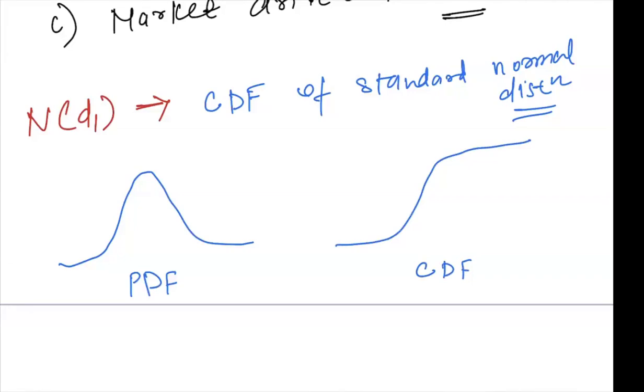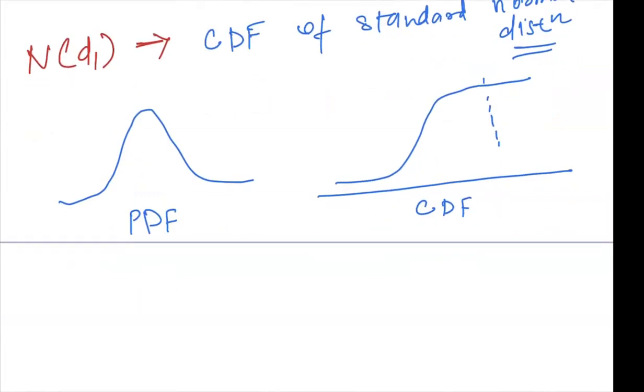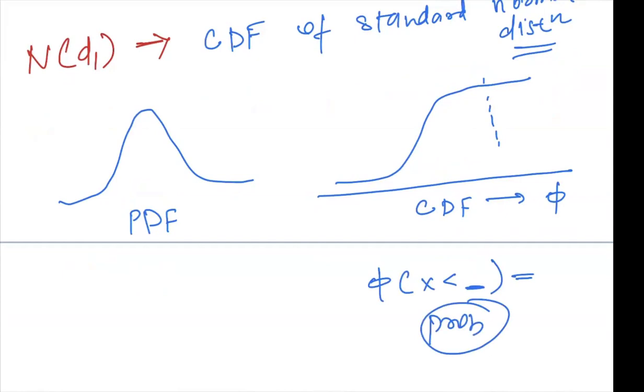So what you are essentially doing is, let's say at this point, the CDF is given by this. When you write something here, what you're essentially trying to do is find a probability. Just to make it simple, the CDF function will give you a probability. When you use a CDF function of a standard normal distribution, it will give you a probability of something. So what is that something?